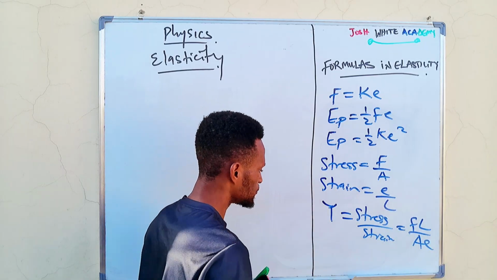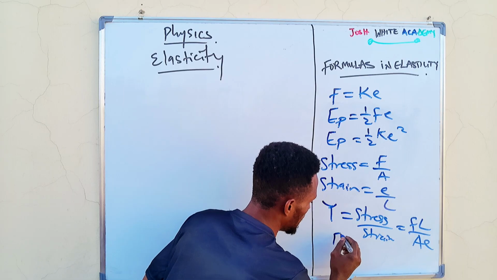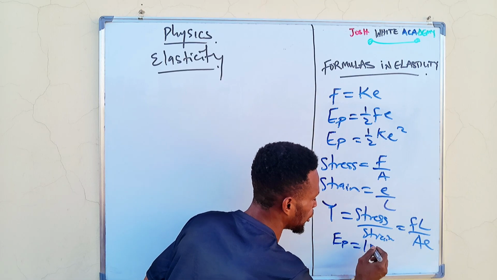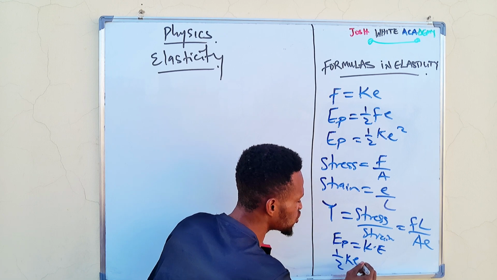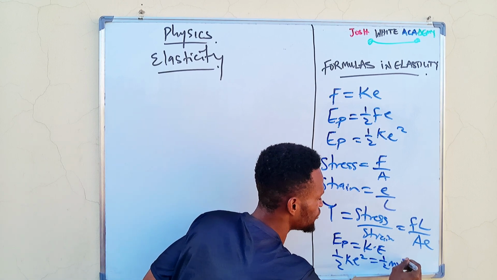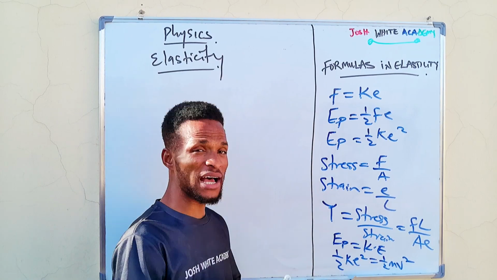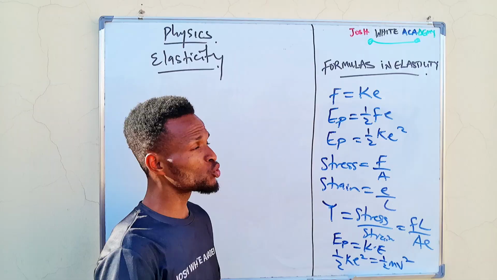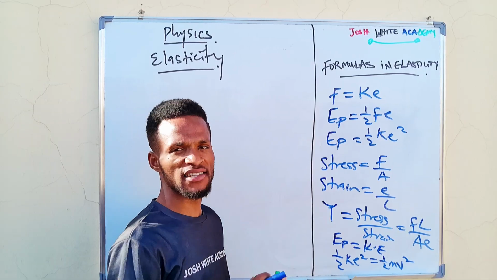So in that case, we will say our elastic potential energy is equal to our kinetic energy, which is 1/2 Ke squared, or 1/2 Fe is equal to 1/2 mv squared. So these are the formulas you need to crush any questions on elasticity.